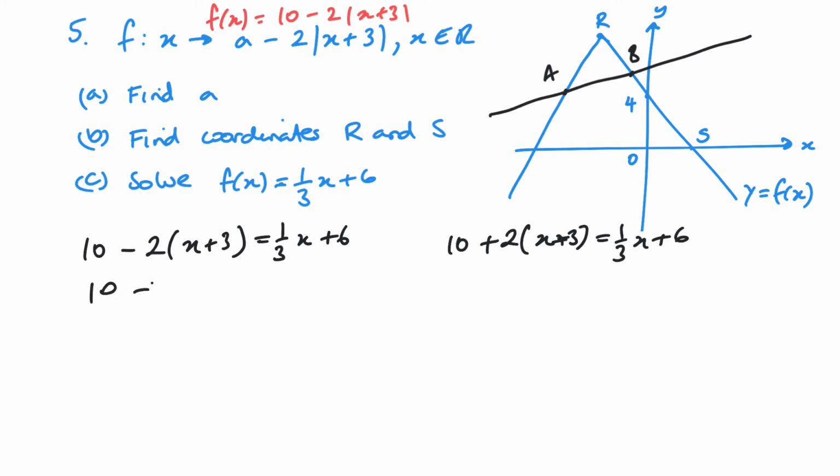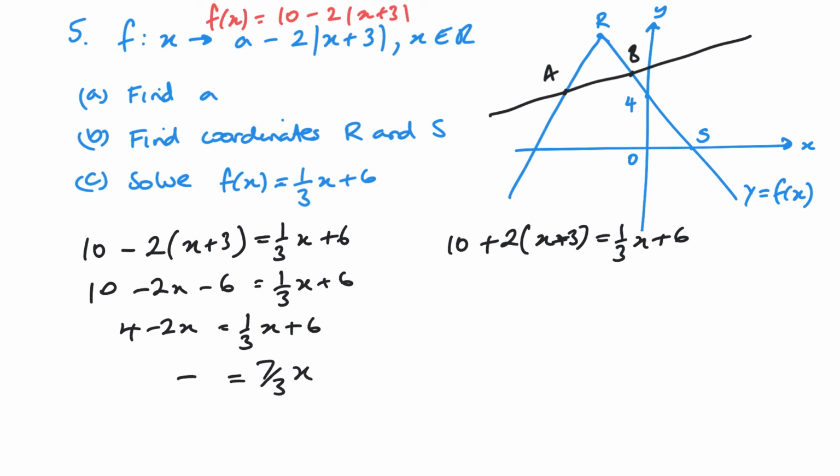So 10 minus 2x minus 6, 4 minus 2x, plus 6. So 7 over 3 x, take away the 6. So x is minus 6 over 7. Okay, and that should be my value of B.